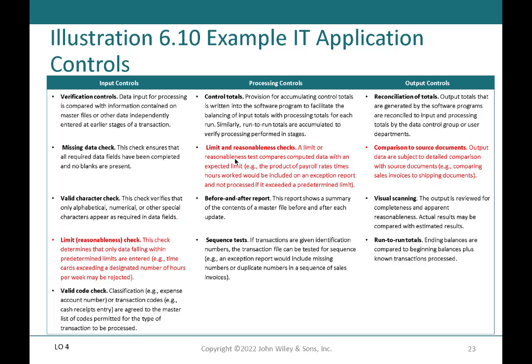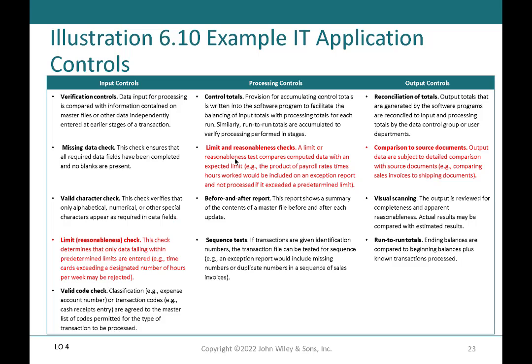The processing control would make sure that the system's actually calculating how much they should be paid properly. So, if they make $20 an hour, we want to make sure that calculation's being done correctly.